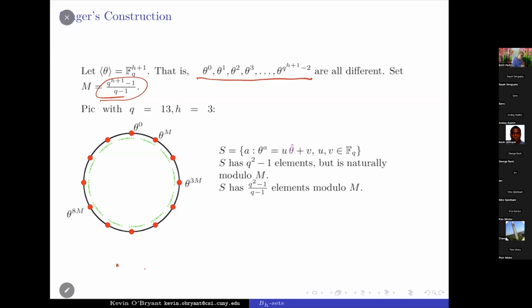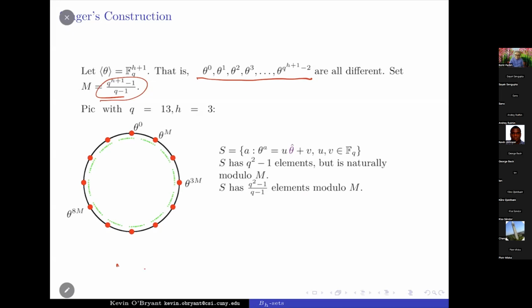But we're going to use different properties of this magenta theta than we do of the non-magenta theta. So S, we get one thing in S for each u and v, except for u and v both being 0. Because when they're both 0, it's the 0 element, which isn't representable as a power of theta. So the other q squared minus 1 such elements each generate an exponent.